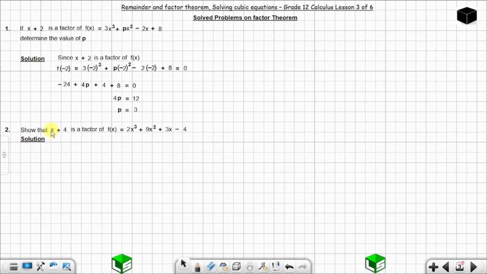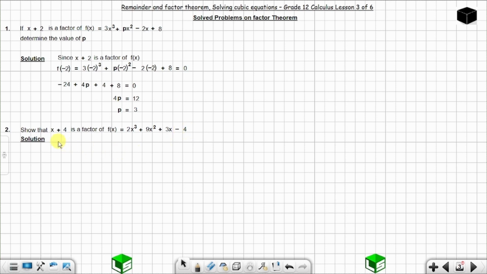You're going to plug negative 4 in there and see if you can get 0, because you are trying to prove that x plus 4 is a factor. When you have a factor, it means that the remainder is equal to 0. So you are going to plug negative 4 in there and see if you can get 0.